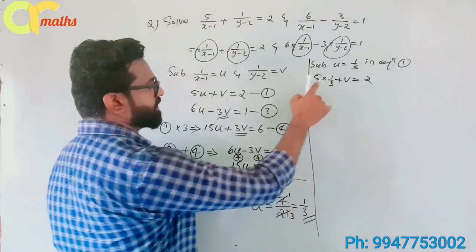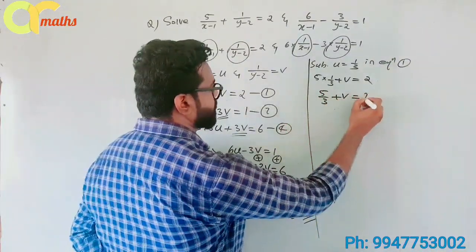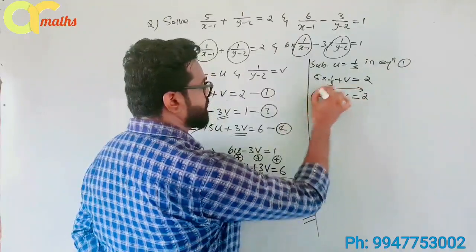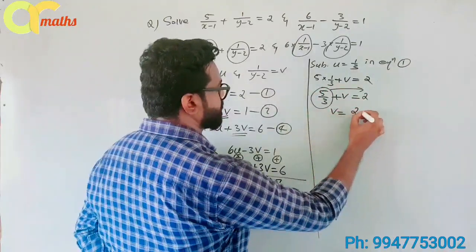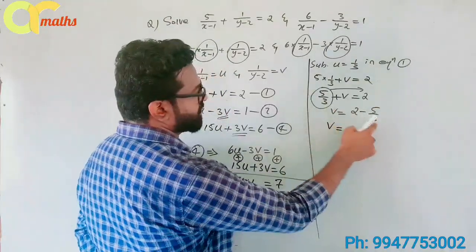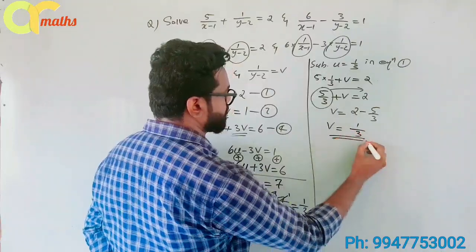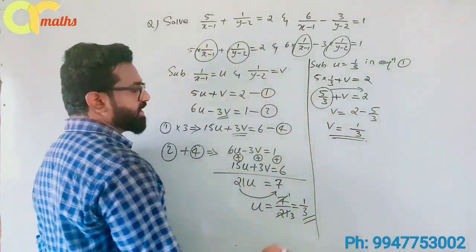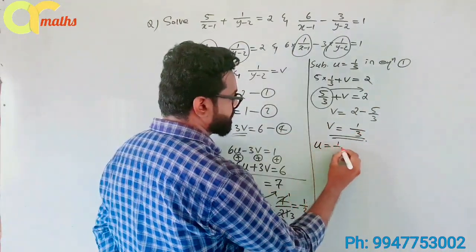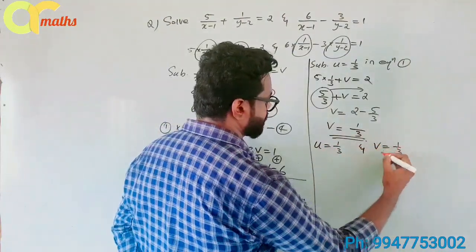Then 5 into 1 by 3, that is 5 by 3 plus v equal to 2. Then what is v? v equal to 2 minus 5 by 3. Then cross multiply. 2 into 3, 6 minus 5, 1 divided by 3. Therefore, the value of u is 1 by 3 and the value of v is 1 by 3.